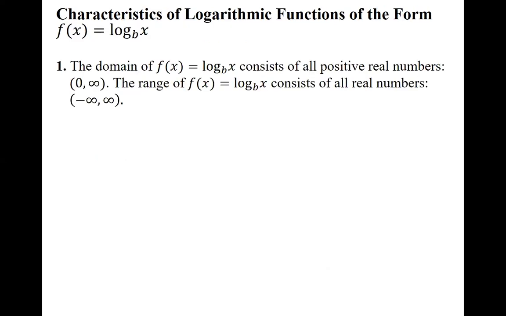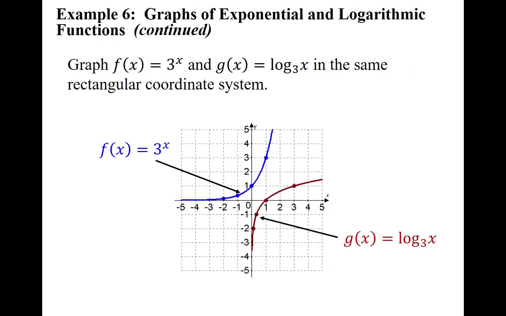Let's talk about this graph. So the domain is all positive real numbers. The range is all real numbers. That's the exact switch of the exponential function's domain and range. Look at the red graph. The domain, we have no x's to the left of 0. We never hit 0.